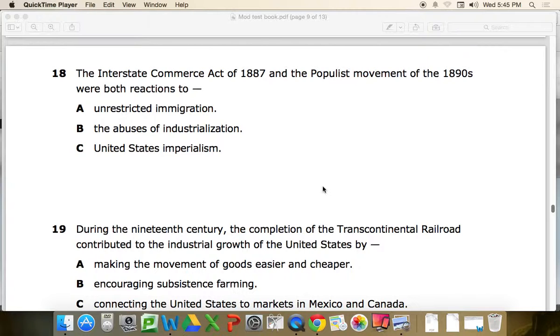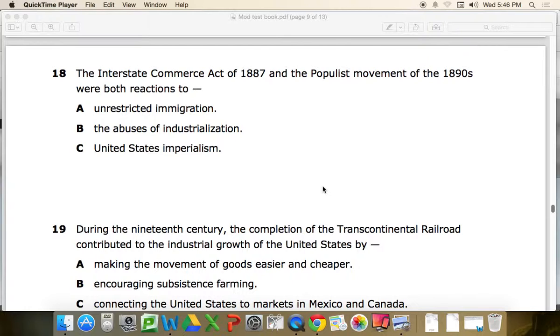Number 18, the Interstate Commerce Act and the populist movement. Even if you hadn't watched that video, you should have understood that the populist movement comes out of the fact that industrialization was hurting farmers, that the tariff protections were contributing to lowering farm prices, that the railroad rates were hurting farmers and making it more expensive for them to transport their goods. And so these are all abuses of industrialization.